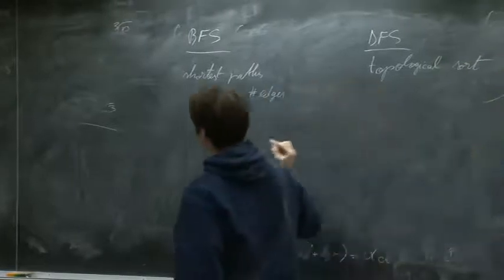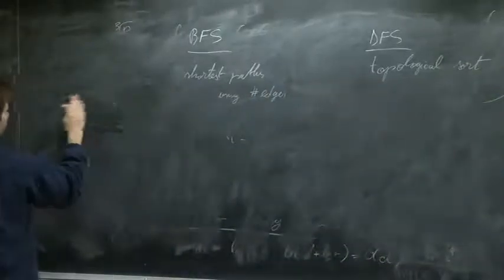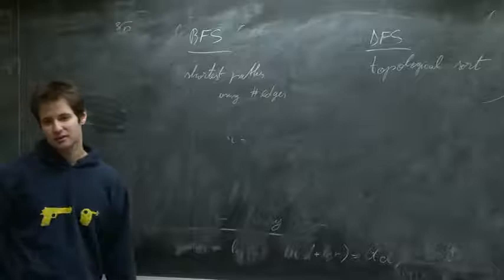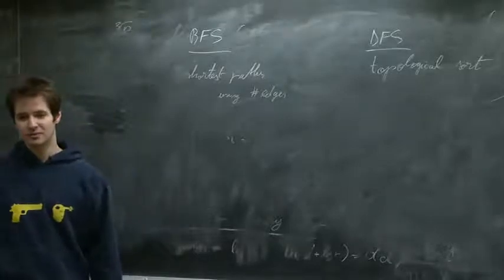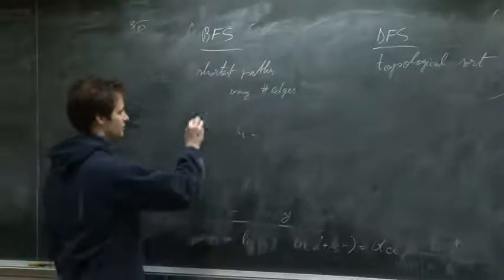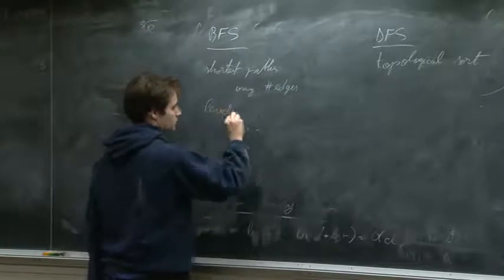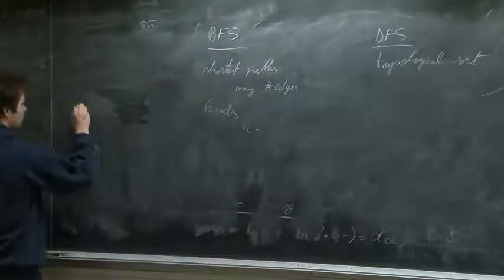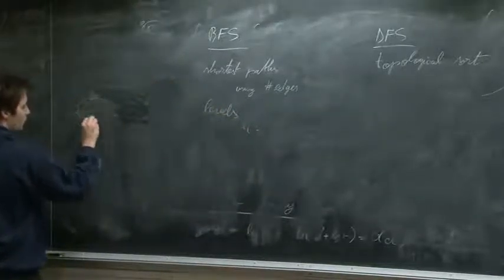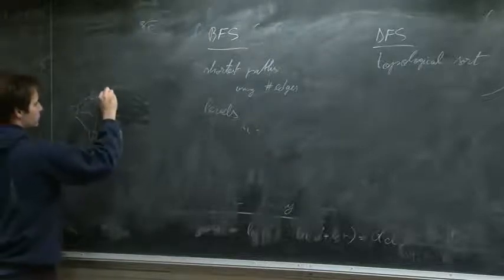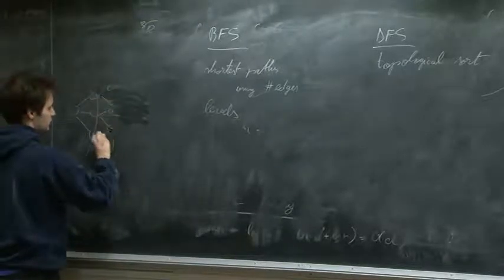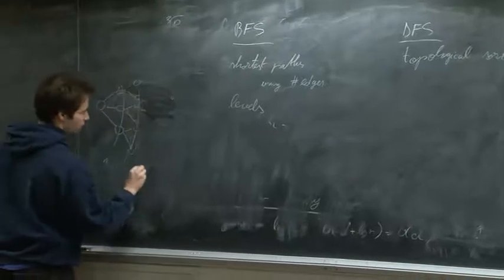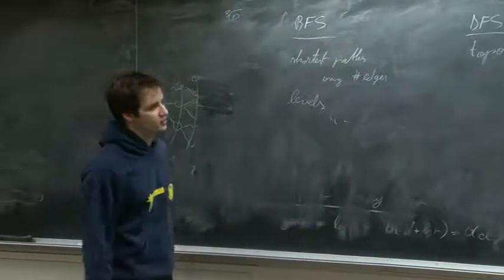Okay, how does BFS look at the graph? How does it partition the graph? Nodes are grouped into levels. You start with a source, and then all the nodes that are 1 edge away are at level 1. All the nodes that are 2 edges away are level 2, and so on. What does DFS give us?